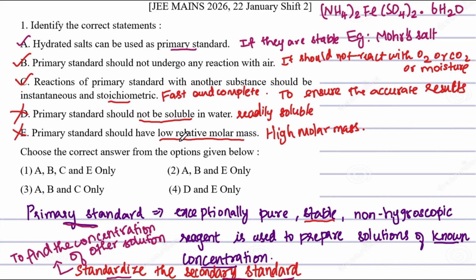Because if the molar mass is very low, then we will get error in weighing the reagent. So to minimize the error in weighing, the molar mass should be very high. So the correct statements are the first three statements A, B, C. So the correct option is option 3.